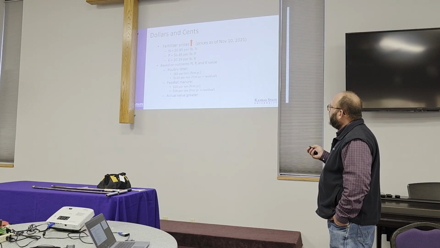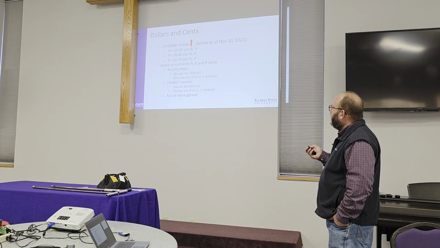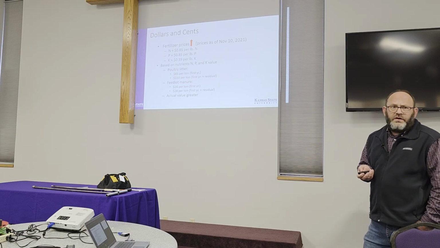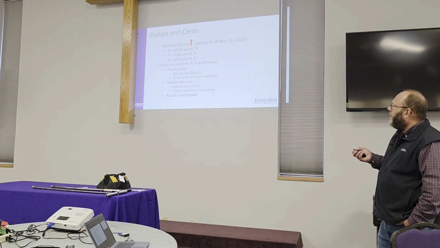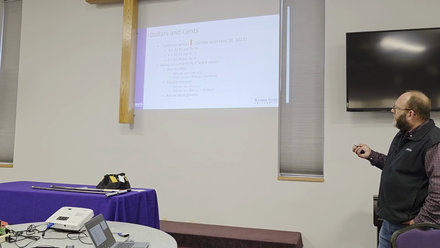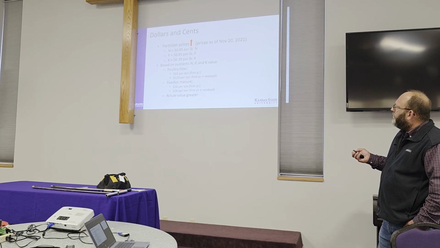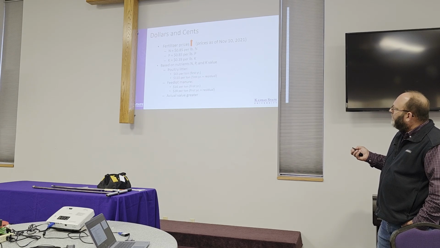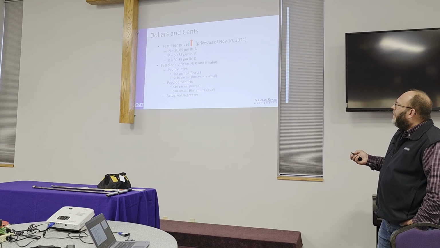Looking at numbers last week, we're 60 to 70 cents per pound of N. The calculations I have done here in terms of fertilizer values are based on these numbers. And so poultry litter, first year, $65 per ton.